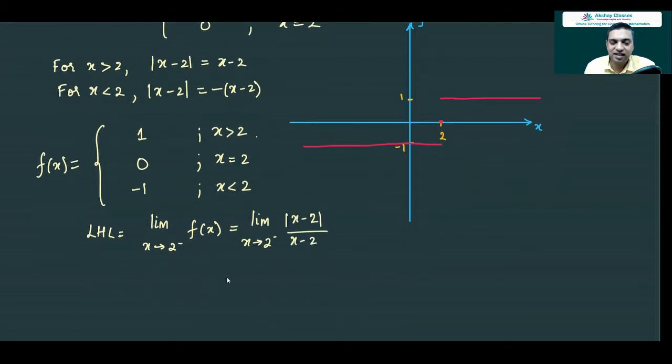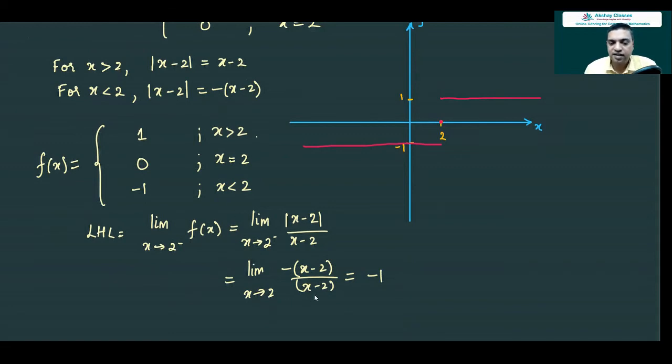Because x is a value slightly lesser than 2, this will be negative. So minus of x minus 2 upon x minus 2. So you get these two cancel because x is not equal to 2. Remember, if x were equal to 2, you cannot cancel.